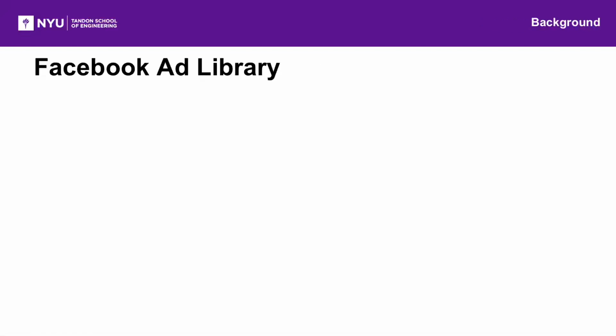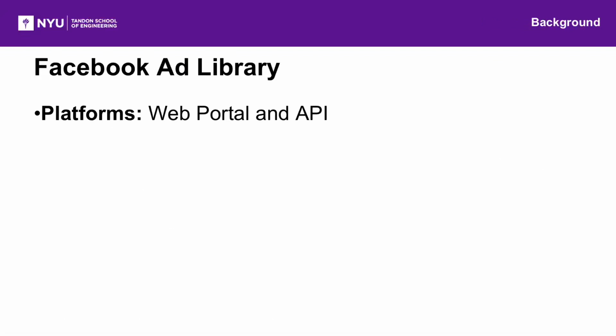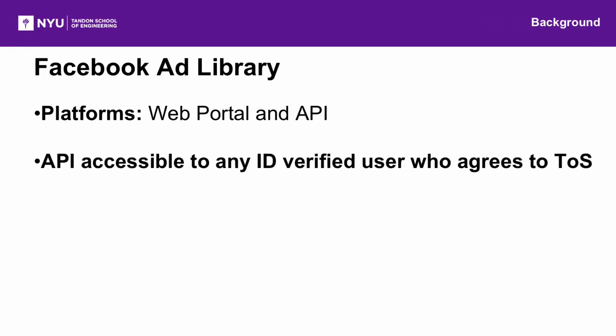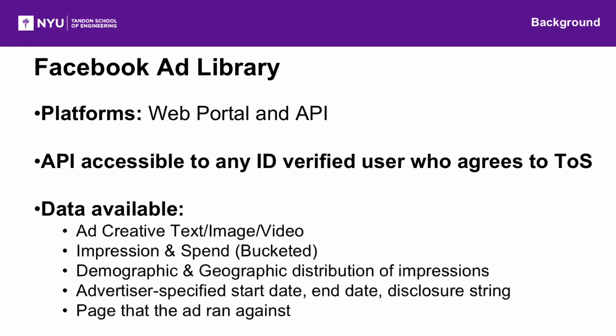In the Facebook ad library, ads are made available through both a web portal and an API, and the API is accessible to any ID verified user who agrees to the terms of service. For each ad, we can get the ad creative text, some bucketed data about impression and spend, as well as the demographic and geographic spread of the spend.